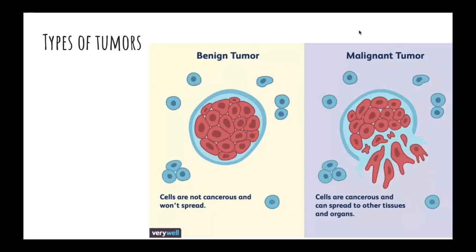The third type of tumor is probably the most scary, and this is the metastatic tumor, and this is where tumors can invade neighboring tissues, but can also migrate to invade the blood.